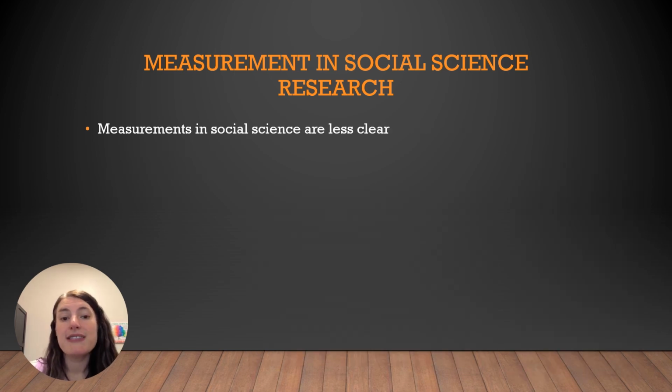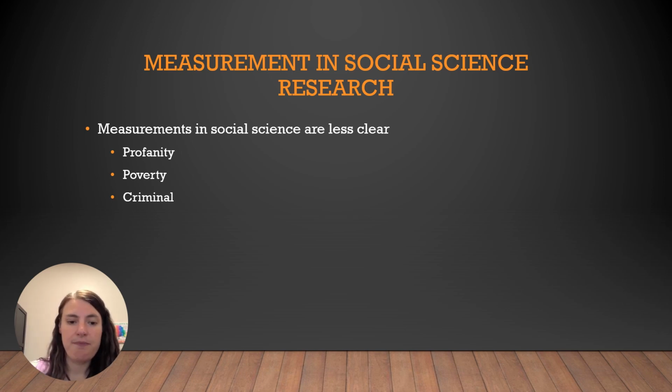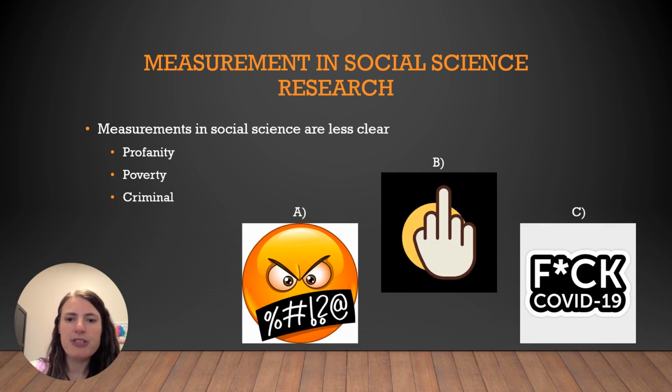But what about social science measurements? Consider these things that you might measure in social science research: profanity, poverty, and criminality. There's no magic formula for those. For example, consider these photos. Pretend you're trying to count the number of times profanity was shown in a video game, and you see these 3 images. How many of these would you count as profanity?